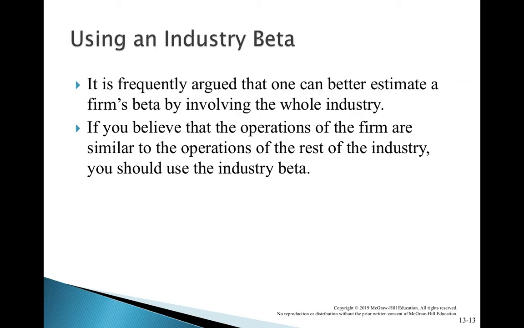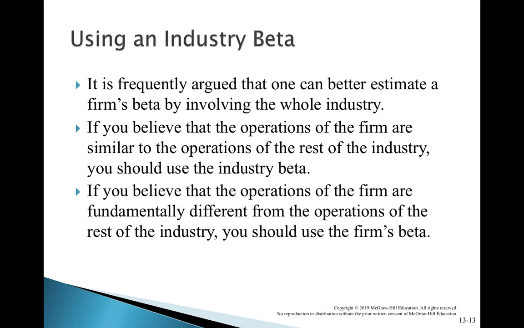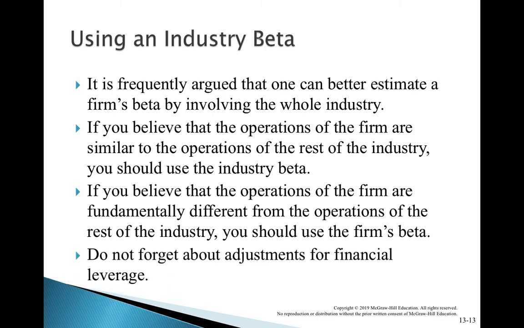But if you think that your company's operation is completely different, not similar to the existing industry, though it is in the industry, but its operational style is different from the industry, then you should calculate the company beta, not the industry beta. So you should use the firm's beta instead of the industry beta. Do not forget about adjustments for financial leverage.